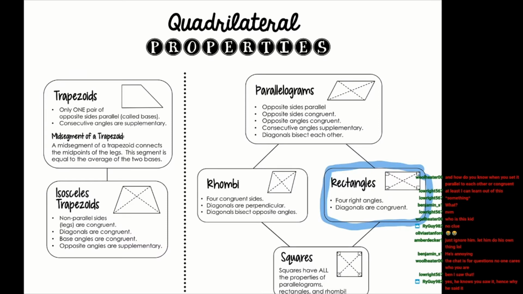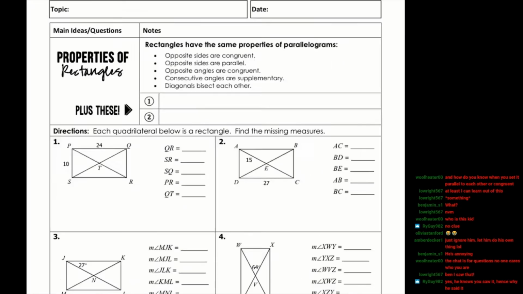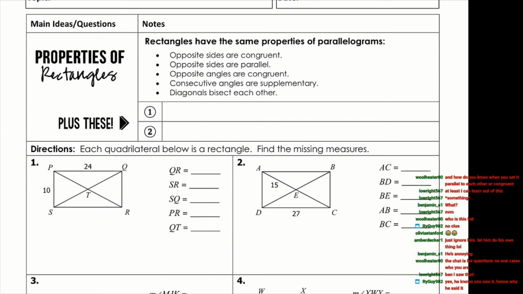And that's why if you look at the notes on rectangles, it says right at the top, rectangles have the same properties of parallelograms, and all 5 of them are written out. And if you're trying to prove that something is a rectangle, you must first prove it's a parallelogram.